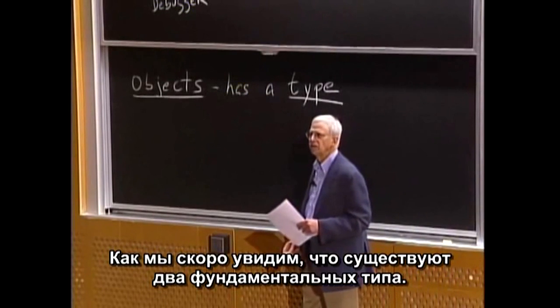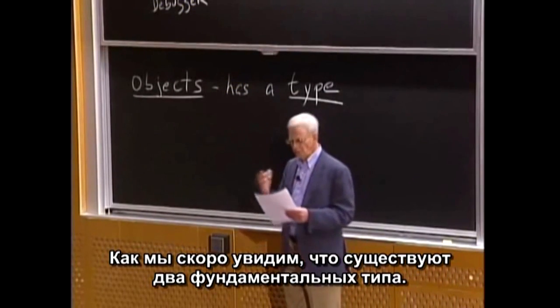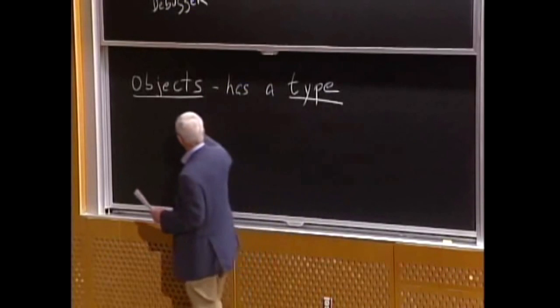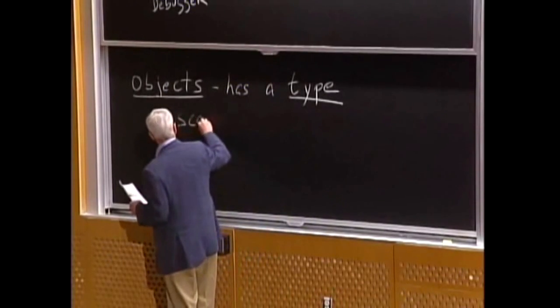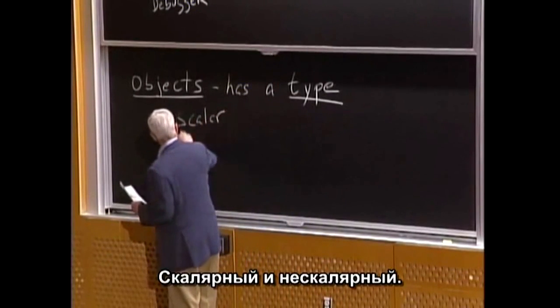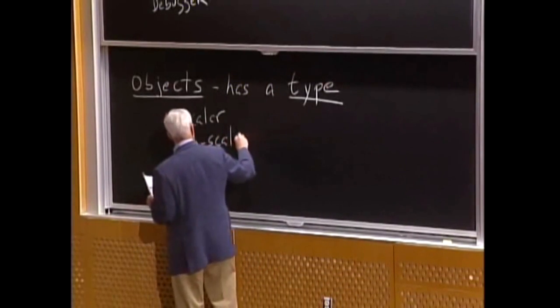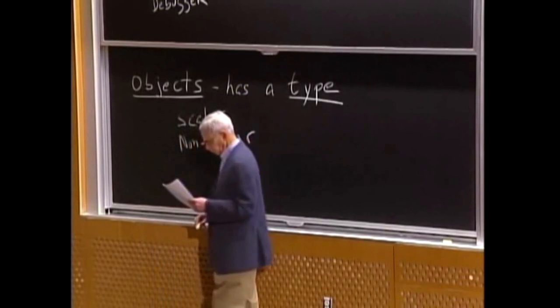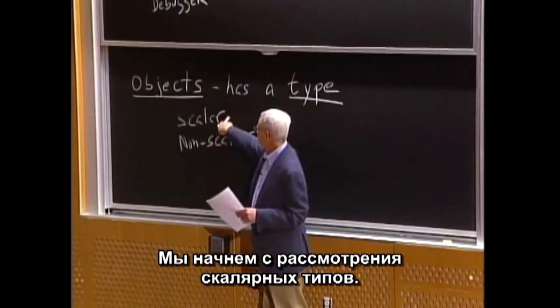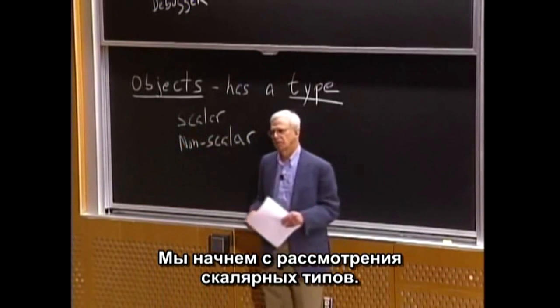As we'll see, there are two fundamental kinds of types: scalar and non-scalar. We'll start with talking about scalar types.